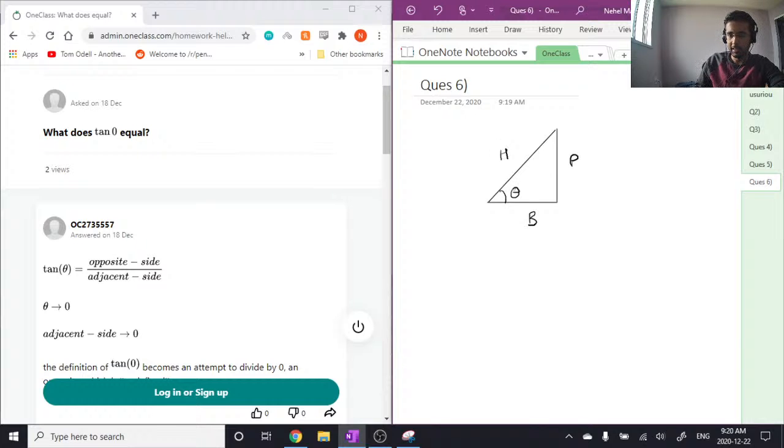We often call this the adjacent and this the opposite, I guess. Actually, let's just use the regular notation: perpendicular, base, and hypotenuse.